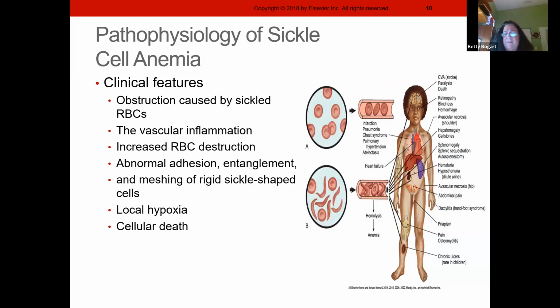Now, this is something that many students have trouble with understanding. So let me try to explain what happens. You have these sickle-shaped cells, and all these vessels that bifurcate in the body and get smaller and smaller. What happens is the sickle cell comes to a bifurcation, and it gets caught up there and blocks it, so it can't go down into that vessel.